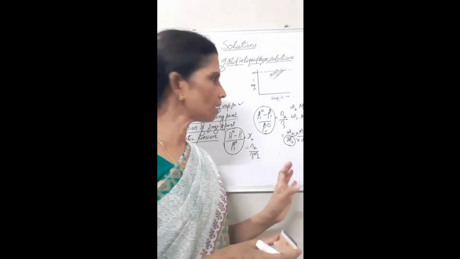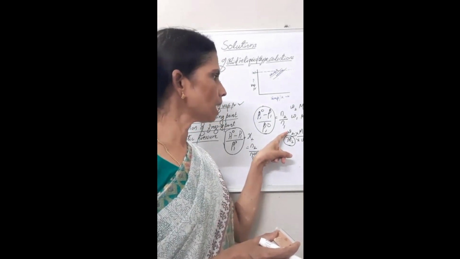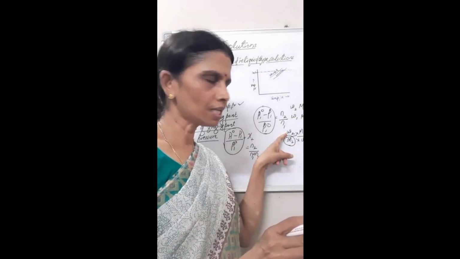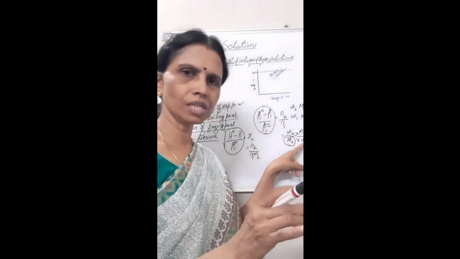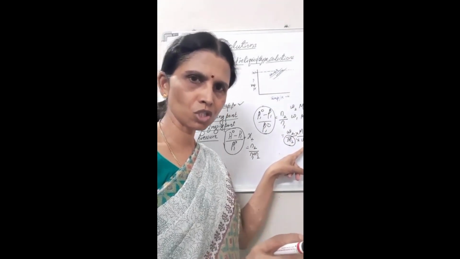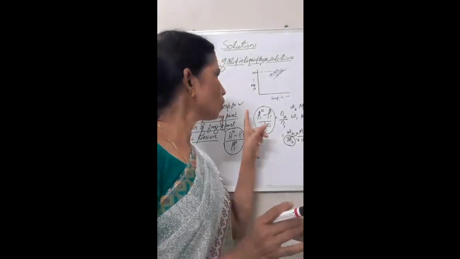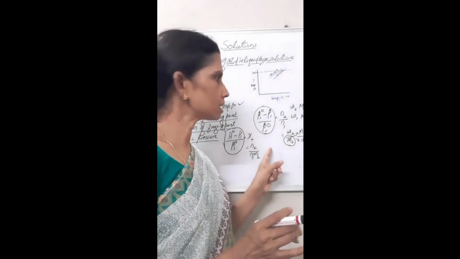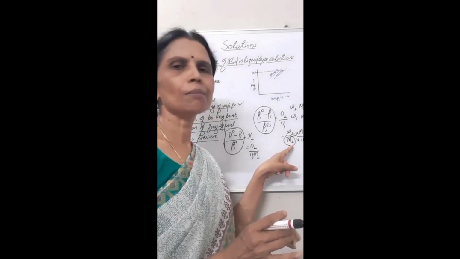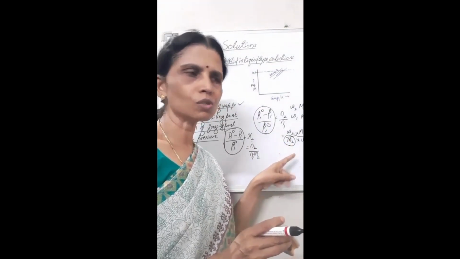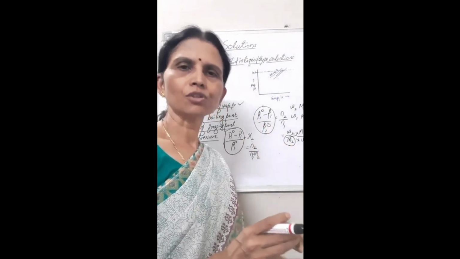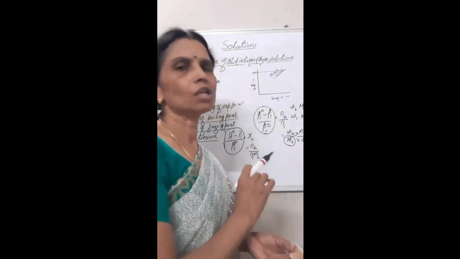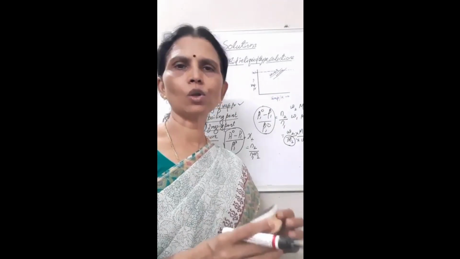For this we have to take a known mass of the given solute, dissolve it in a known mass of the solvent, prepare the solution, and find out the lowering of vapor pressure. Knowing this, we can find the molar mass of the non-volatile solute. So this is an experimental method to find the molar mass of a non-volatile solute using the colligative property, relative lowering of vapor pressure.